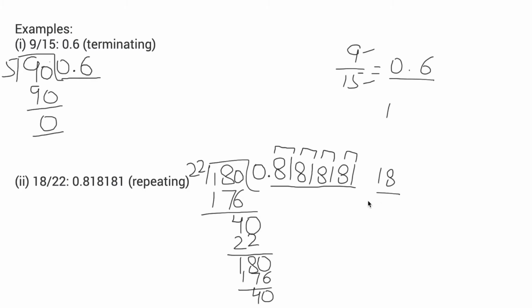Similarly, you can write it as 0.81, 81, 81, and so on. Because your p is an integer, your q is an integer, and q is not equal to 0, and the next condition is that it is a repeating decimal, again you call it a rational number.